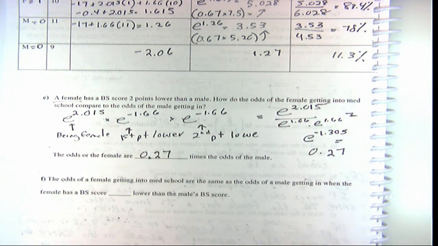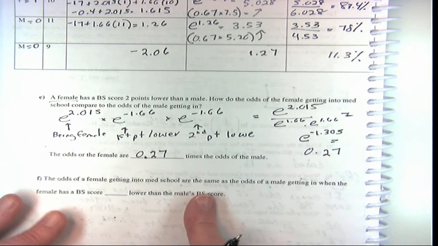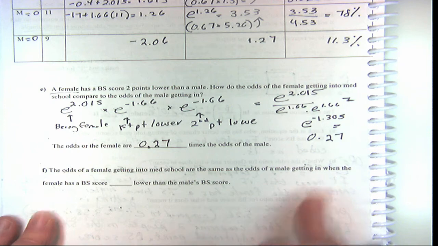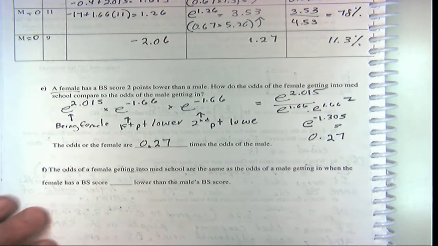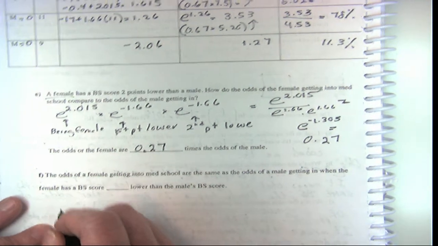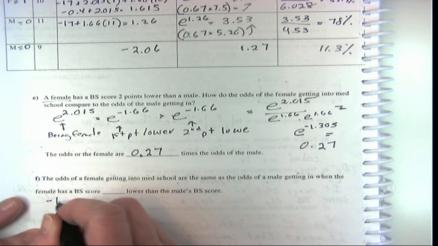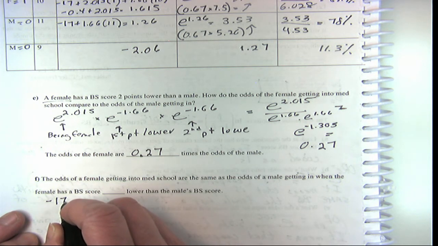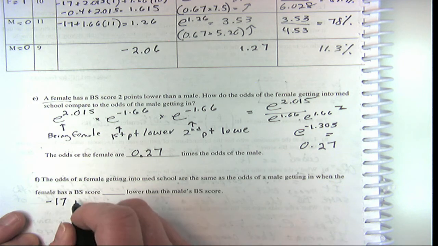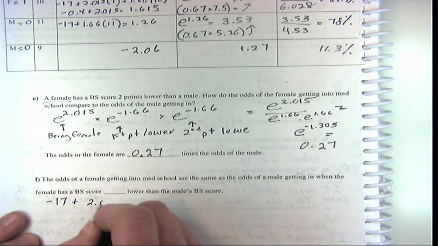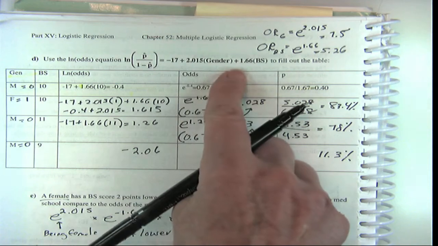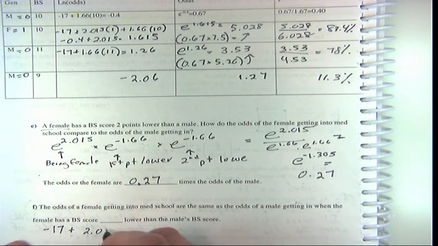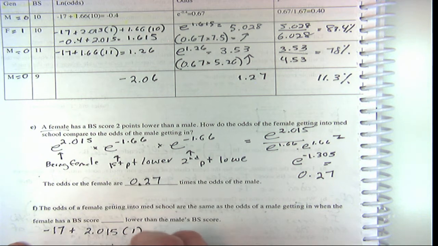Okay, now the odds of a female getting into med school are the same as the odds when? How would you do that? Why don't you just go back to the log odds equation, all right, and say, okay, they both have the same log odds equation. So for females, it's negative 17 plus 2.015 times 1.